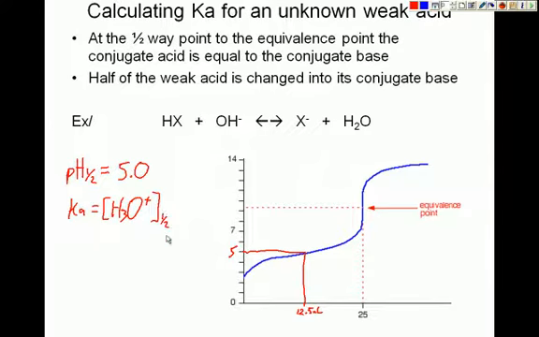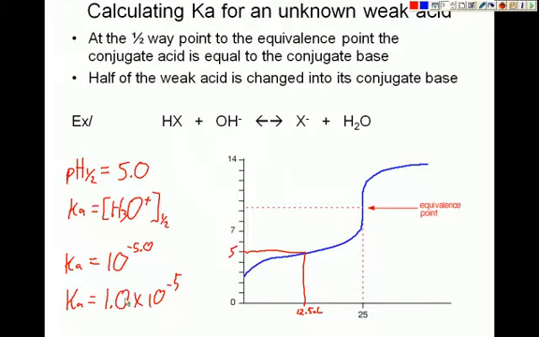I'm just going to use this as a subscript to indicate halfway. Therefore Ka equals 10 to the minus 5.0. So our formula for changing pH into H3O plus, and therefore Ka, equals 1.0 times 10 to the minus 5.